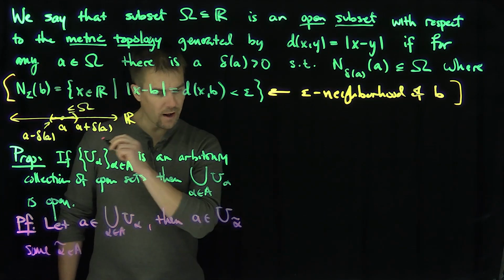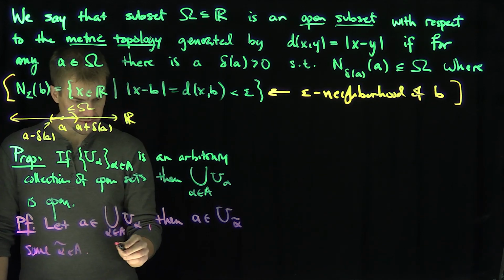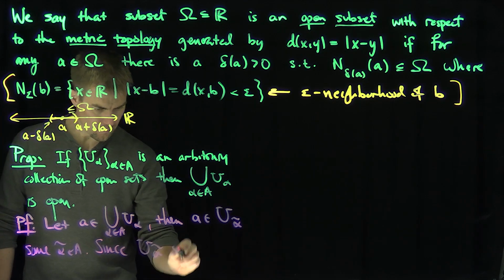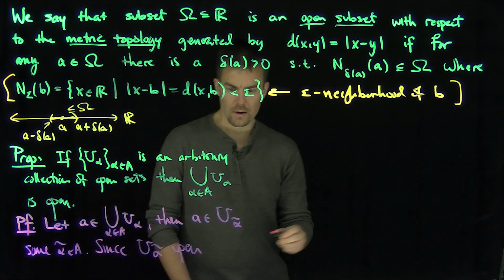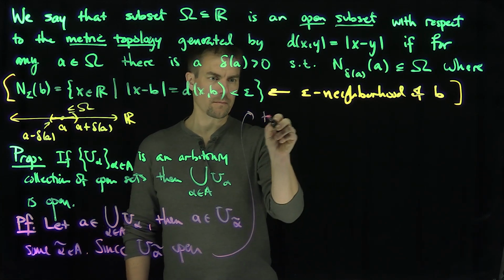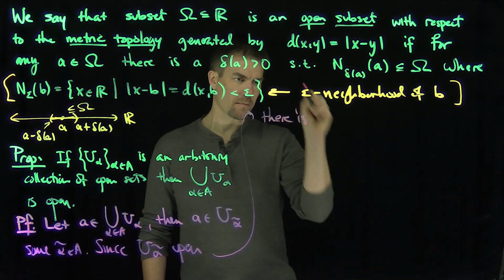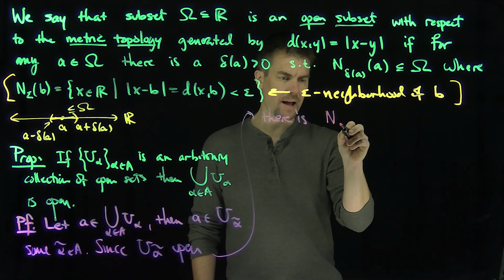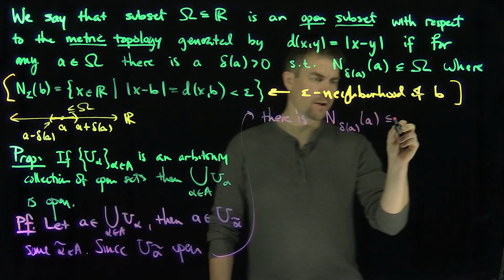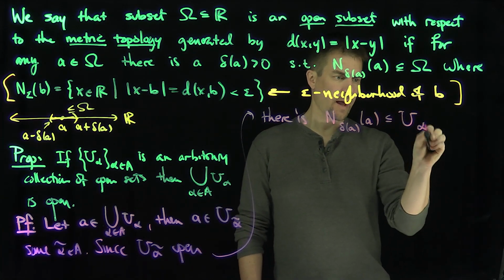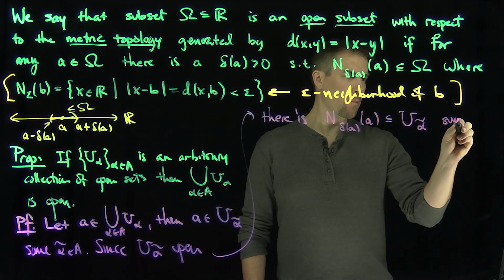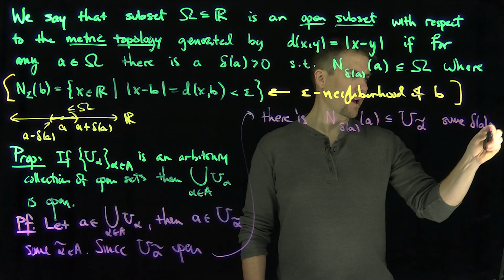And since U alpha tilde is open, there is an N delta a contained in U alpha tilde, for some delta a greater than 0.